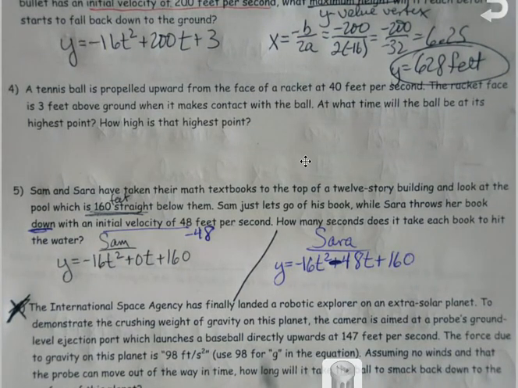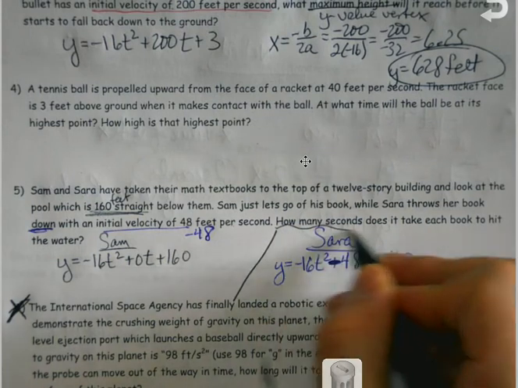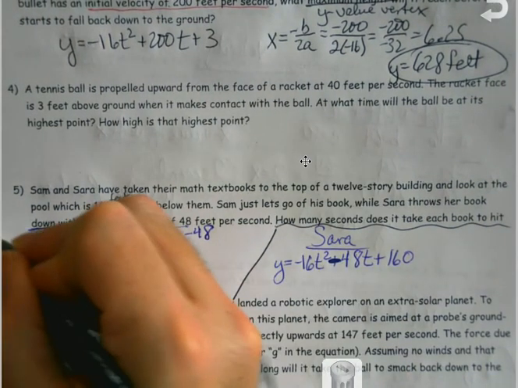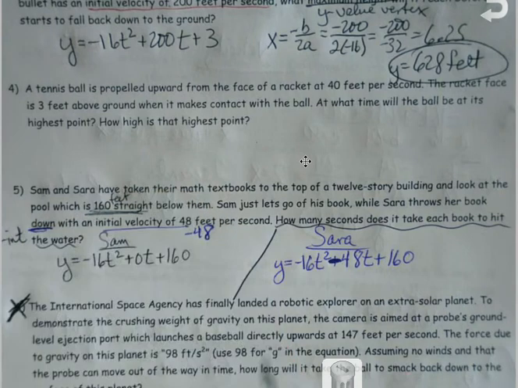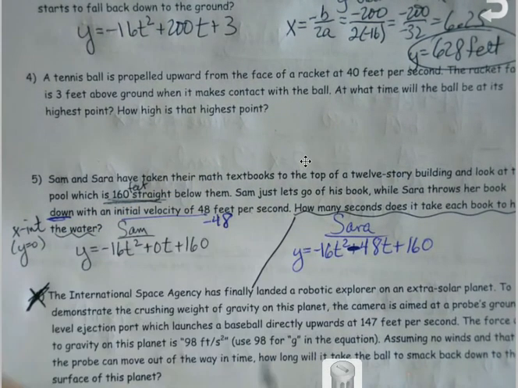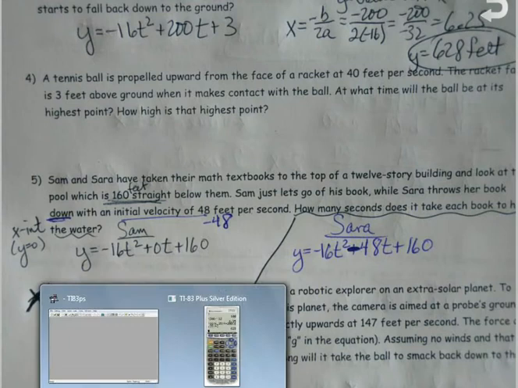So again, when I go to do this, am I looking for a max this time? No. How many seconds does it take for the book to hit the water? Find the x-intercept. Let's see if we get lucky. Hopefully we do.